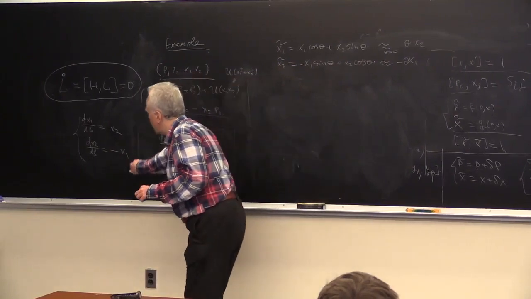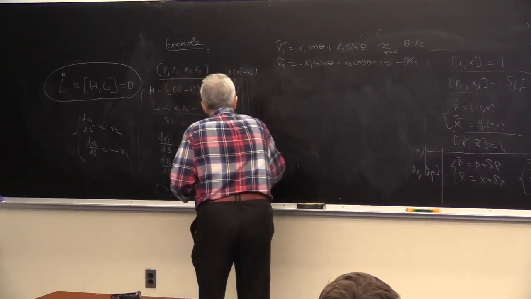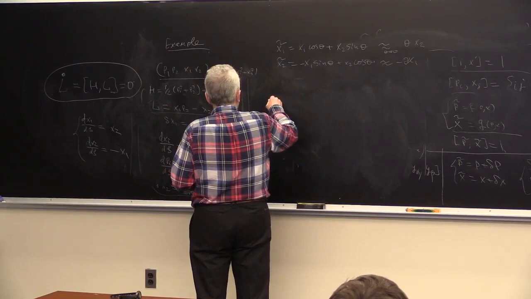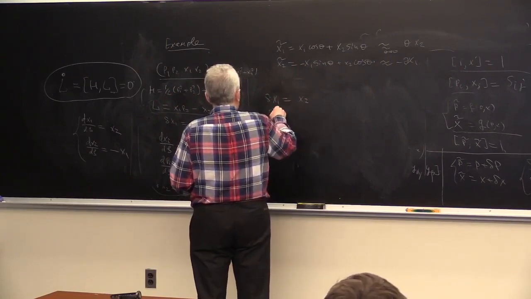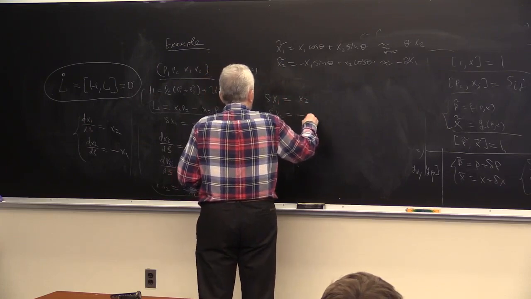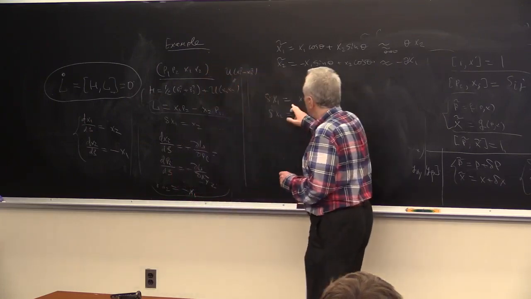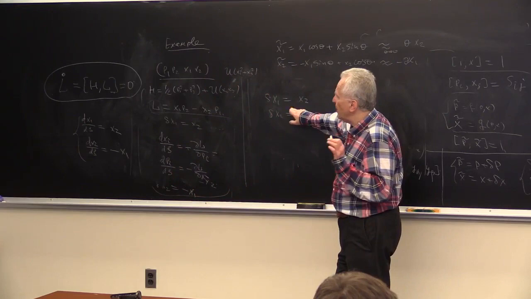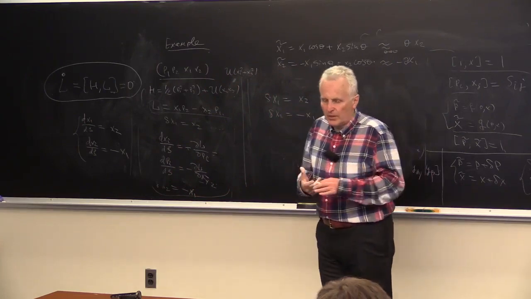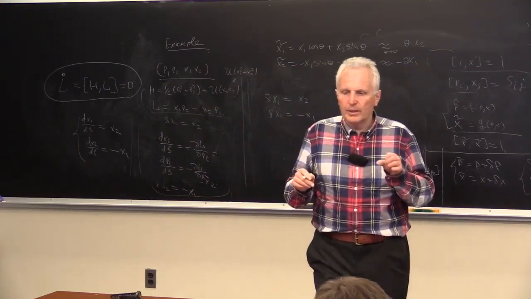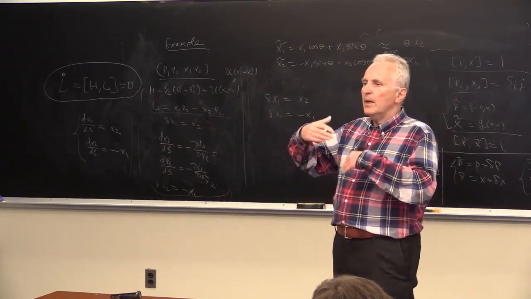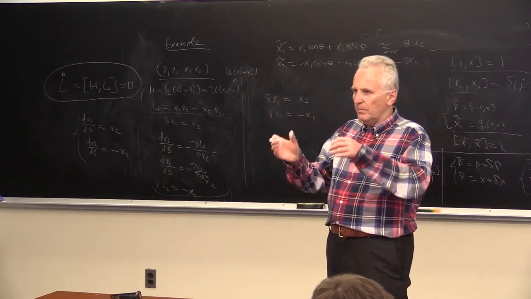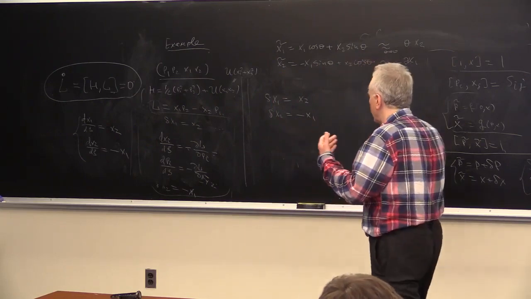Here I wrote down delta x1, which is x2, delta x2, which is minus x1, and this is infinitesimal. You may ask now the question: by knowing infinitesimals, I should be able to reconstruct finite transformations. How do I do this?